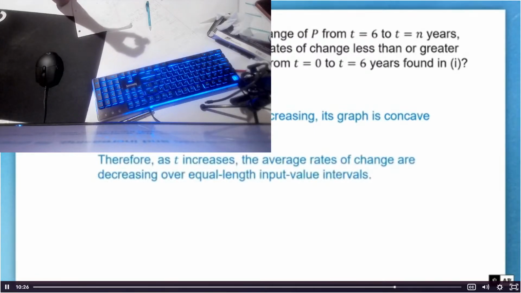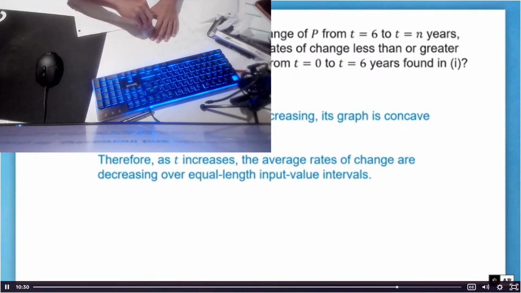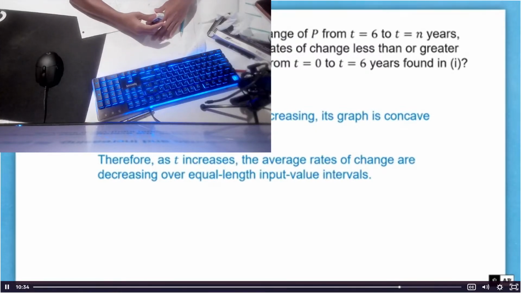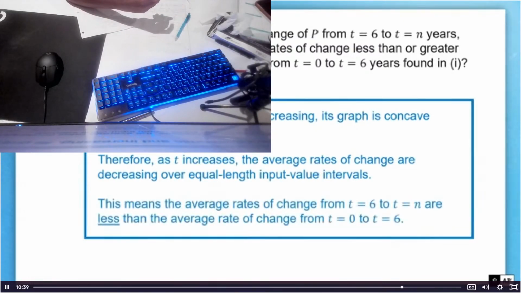Because it's concave down, we know that as t increases, the average rates of change are going to be decreasing over equal length input value intervals. We're going to talk a little more about this in our upcoming session. This means then that the average rates of change from t equals 6 to t equals n are less than the average rate of change from t equals 0 to t equals 6.